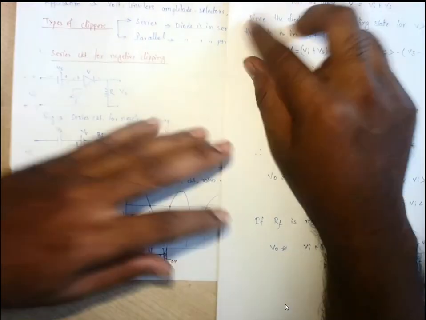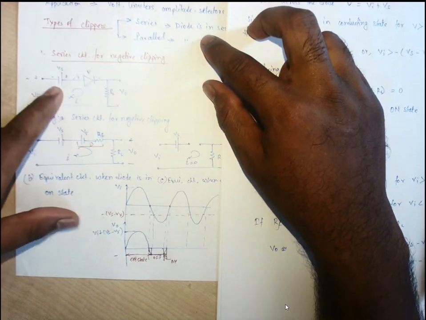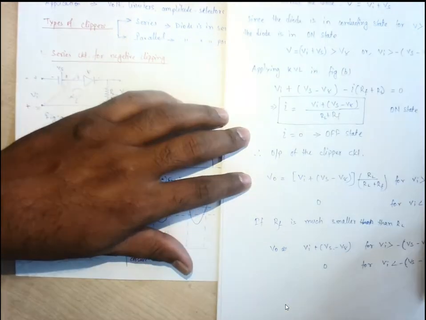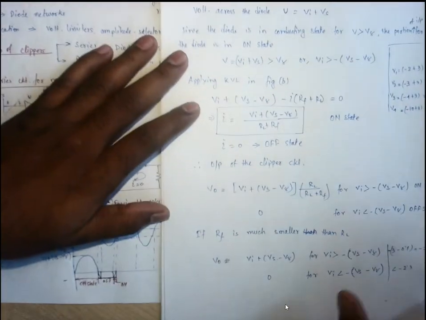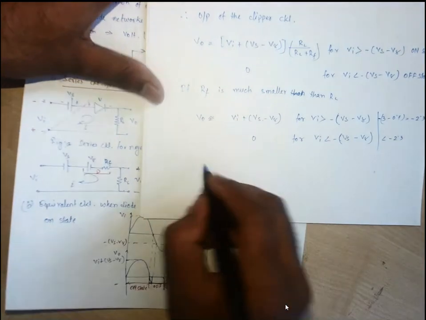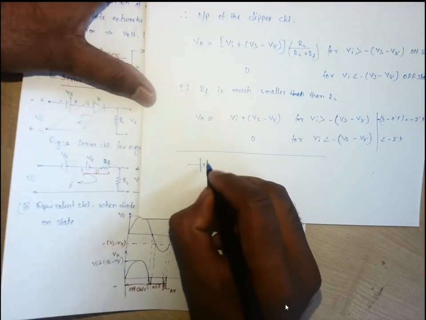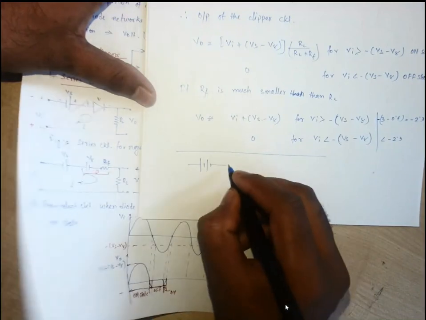Okay. So you can change the position of this Vs, you can change the polarity of the Vs. So if this Vs is somewhat different, something like that, you just go with that. I'm just giving you the task: try to figure out, if the Vs is somewhat like this, what will be the case?